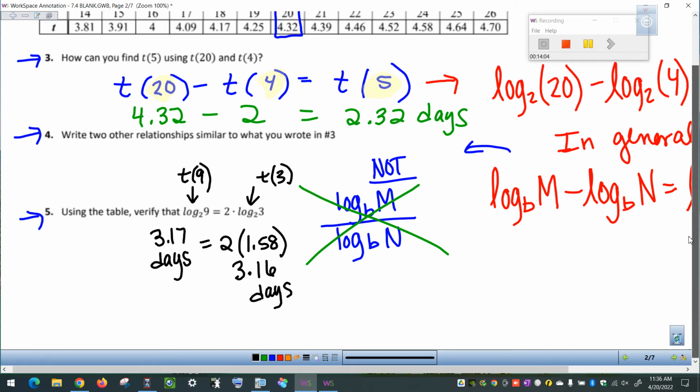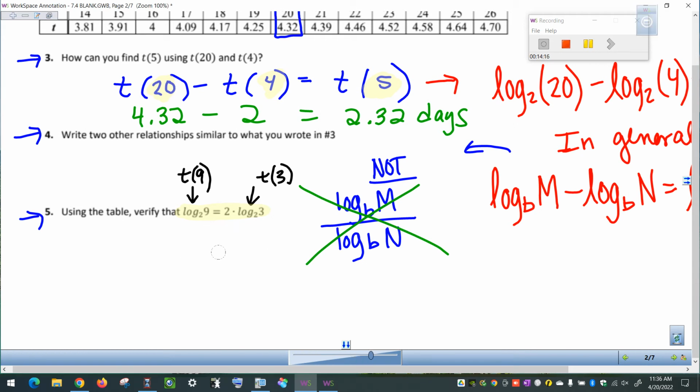And so there's a little something special that's happening with this statement right here. On the left-hand side, instead of writing this as log base 2 of 9, I could have written this as log base 2 of 3 squared, right? So notice how 3 squared is the same thing as 9.